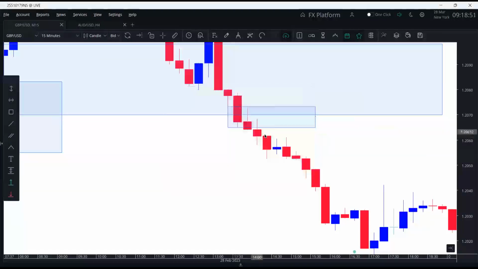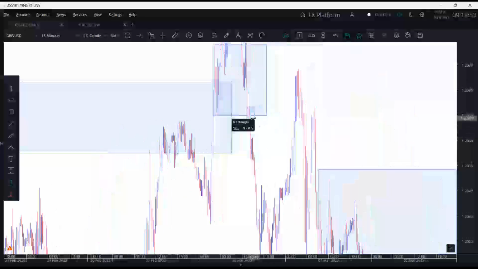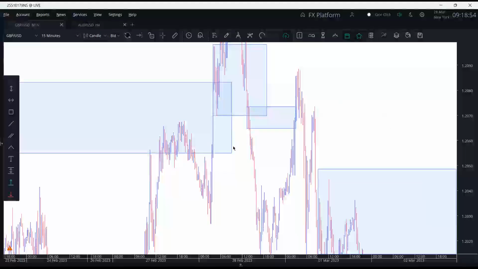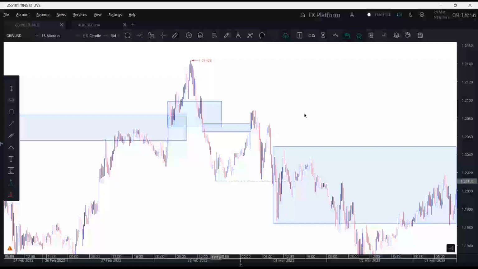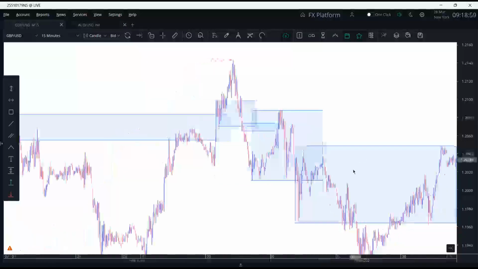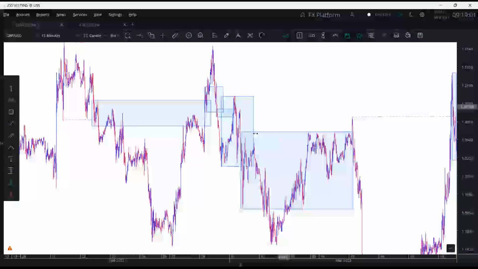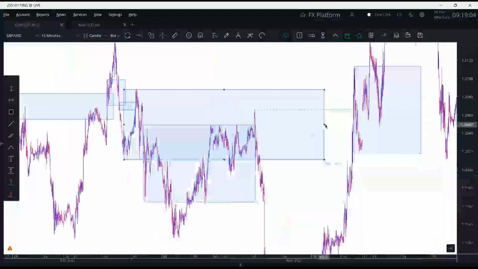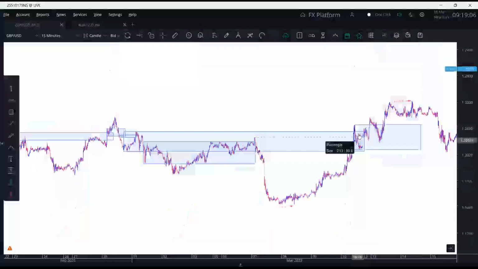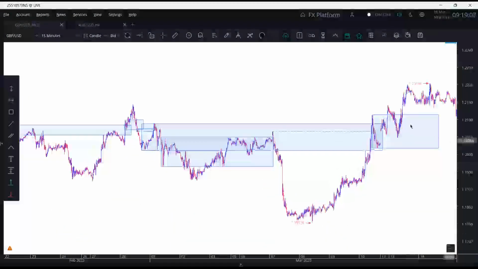And the new FTR is here. You see the FTRs are created by each other, and we get back to the previous FTR.